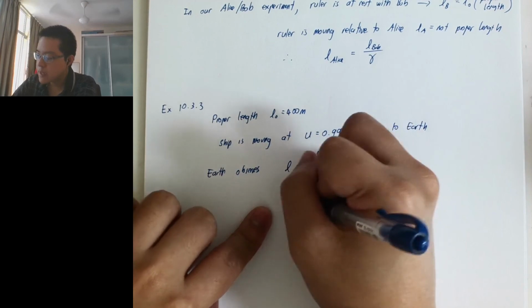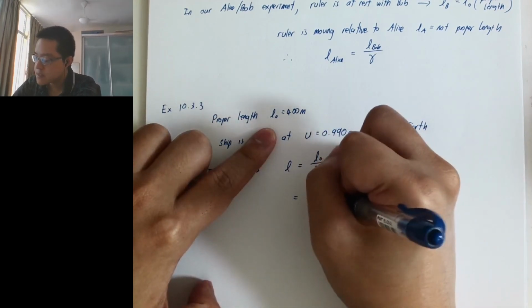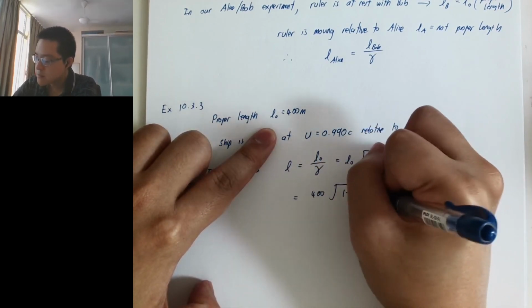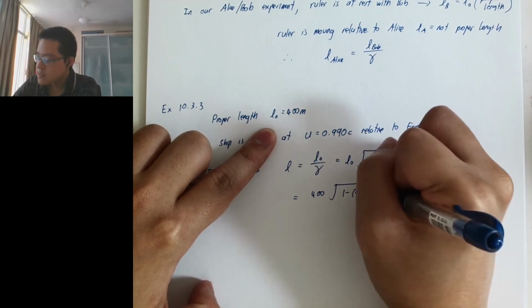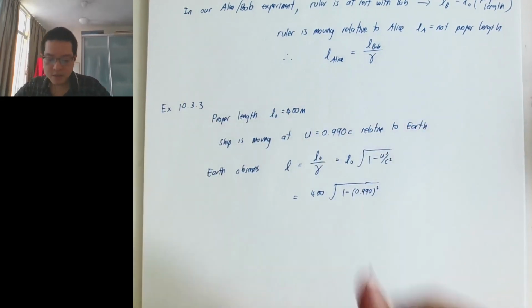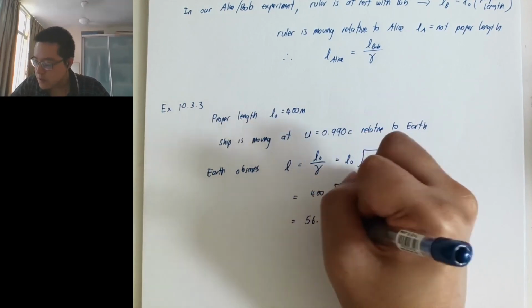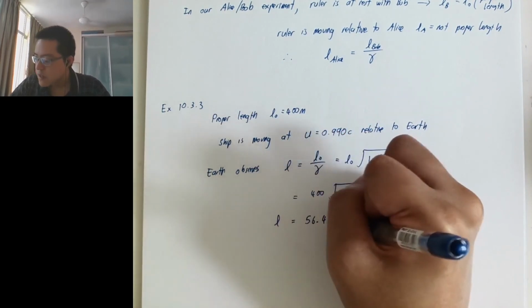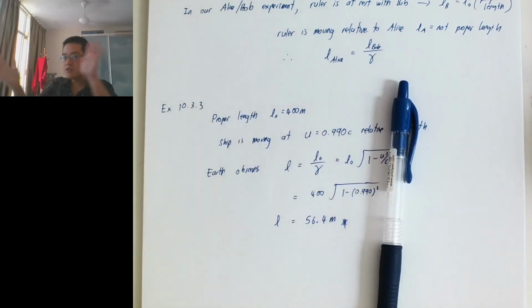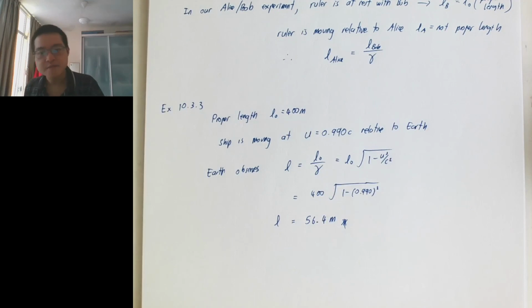My L was 400 meters, times the square root of 1 minus 0.99 squared. If we calculate the number, you are going to get 56.4 meters. So a moving spaceship also appears shorter if it's moving relative to you. That is another strange phenomenon coming from special relativity.